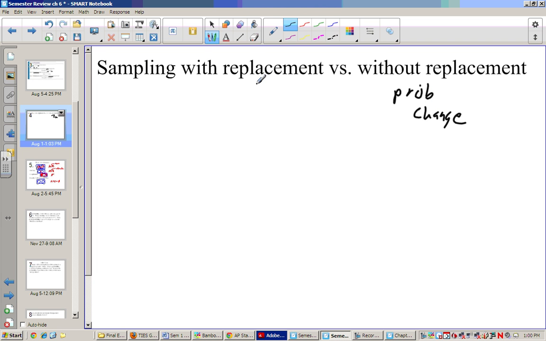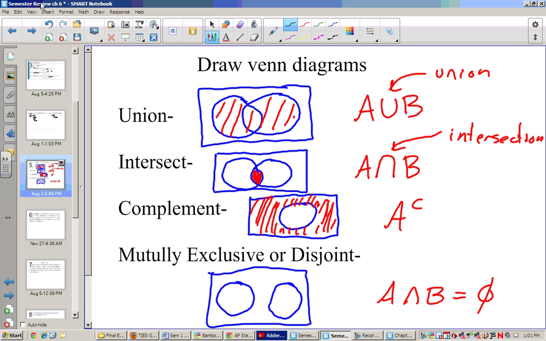Now when we're sampling with replacement, the probability is going to stay the same, because we keep replacing what we took out back in and maybe shuffling the cards, so the probability doesn't change as we take more and more cards out of a deck.